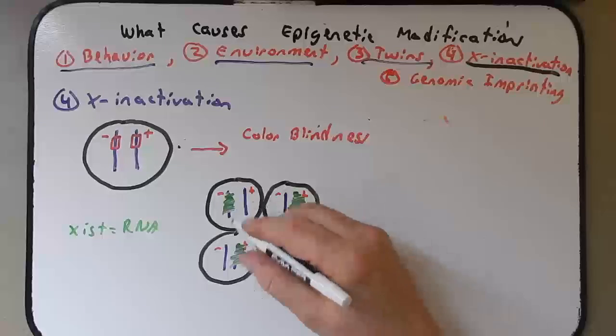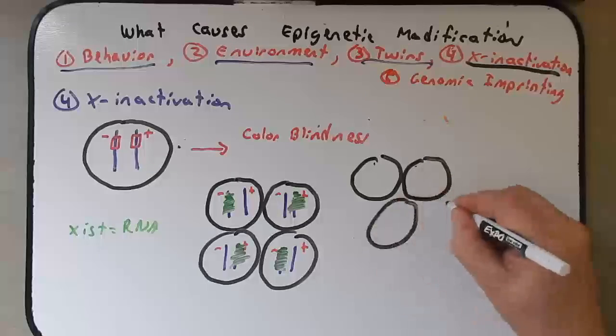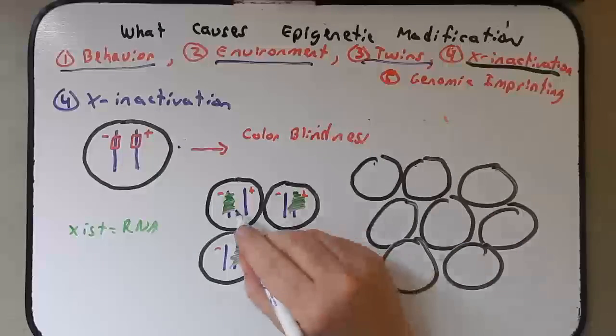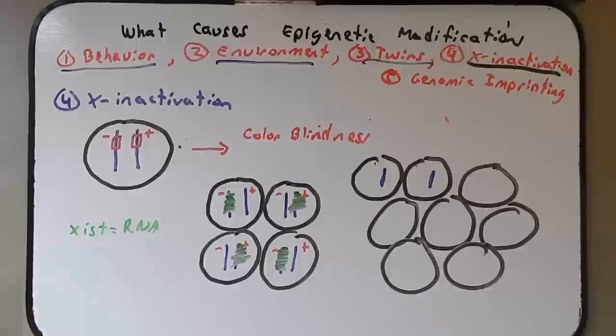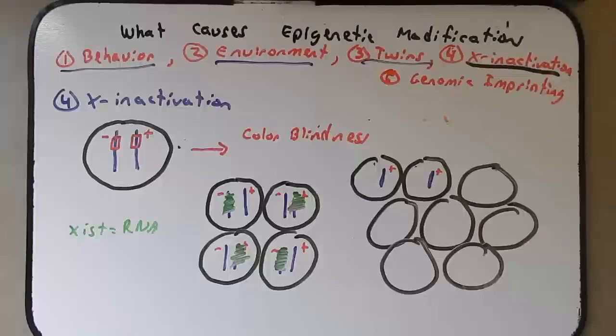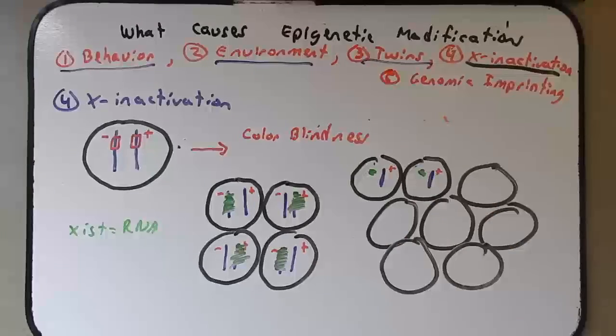So when this divides into 8 cells, let's see if I can draw this here. This cell here will only have the positive gene expressed, the non-mutated one, and it'll maintain this inactive X chromosome.